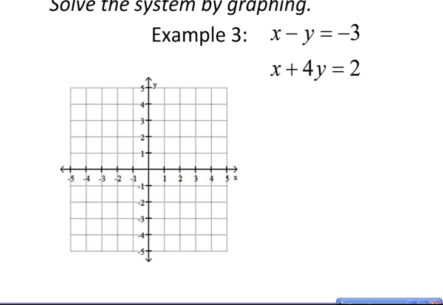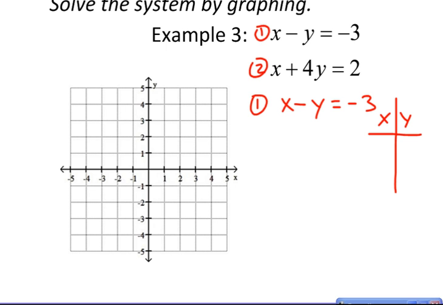All right, let's take a look at example 3. What we have to do first is find points on each of the equations, graph the lines, and then find the point of intersection. Let's look at the first, we'll call this 1, we'll call this 2. In number 1, x - y = -3. I can use an xy chart to find points on this line.